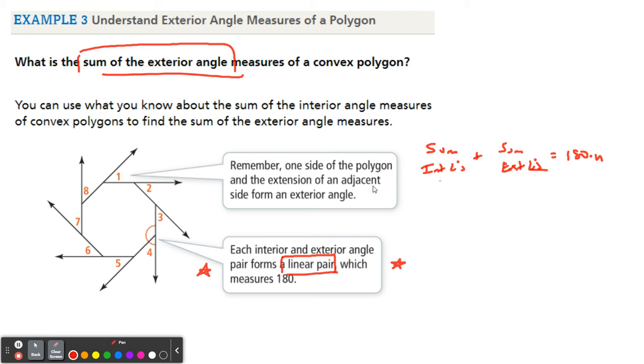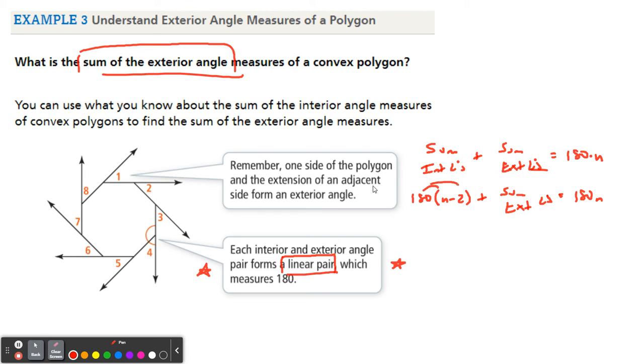Well, think about the interior angle sum theorem. 180 times n minus 2 plus, I don't know what this sum is, sum of the exterior angles, which is what I'm trying to find, and this over here is 180n.